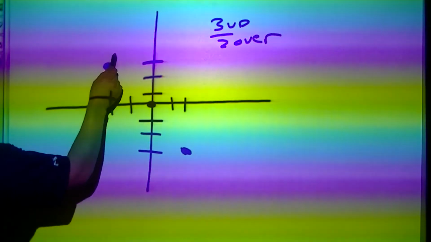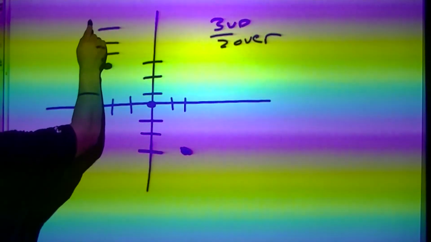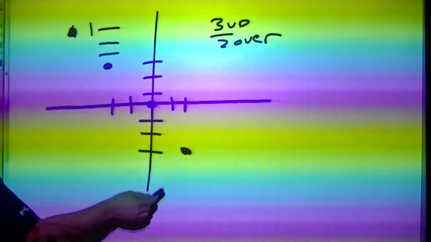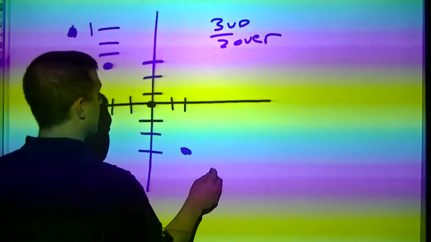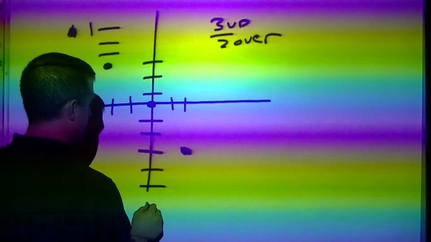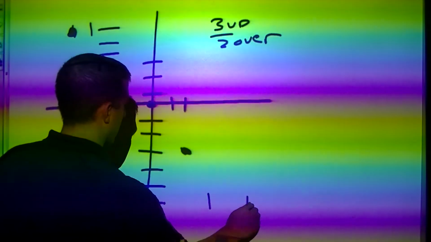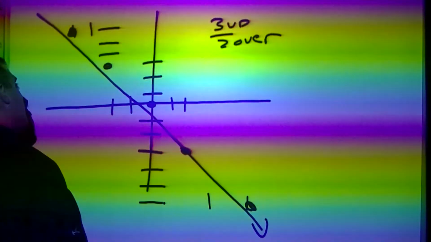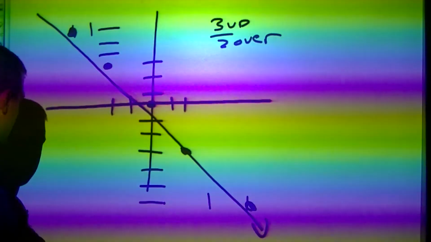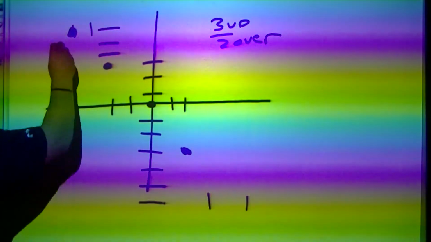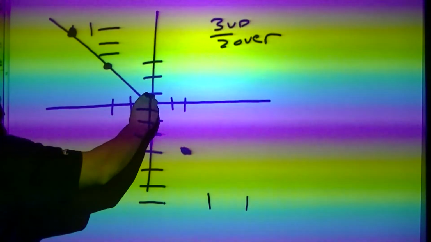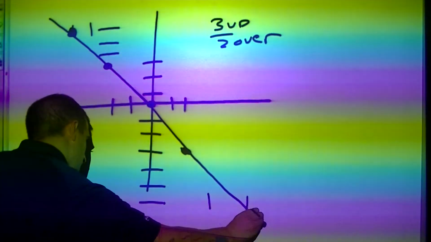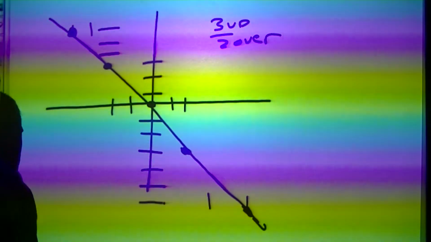I could go 3 up, 2 over. As long as you keep that relationship the same, you'll notice it will all be aligned. Oops, that was drawn very badly. You'll have a grid to work off of.